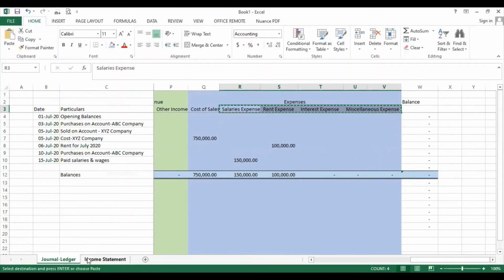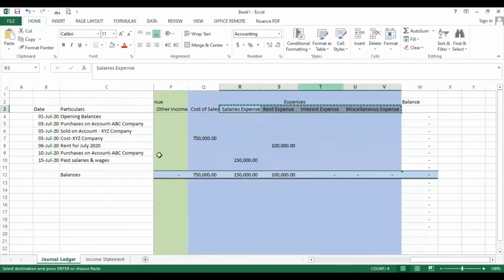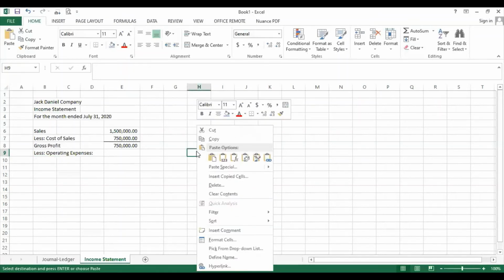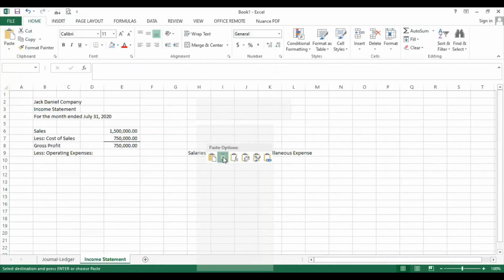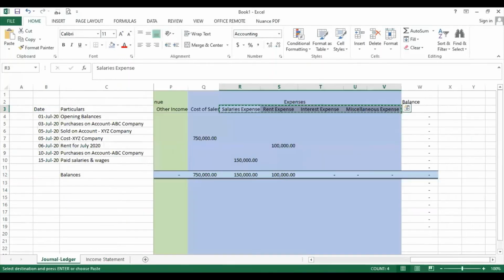Go back to your income statement. We don't want to copy the format, the colors. So you just go here, right click in any part of the income statement portion, then press values only. So we did not copy the colors, the fill.